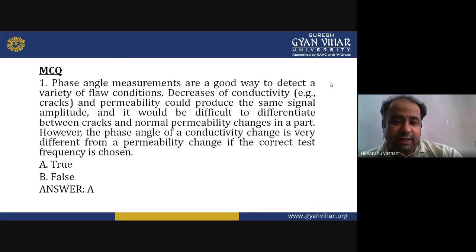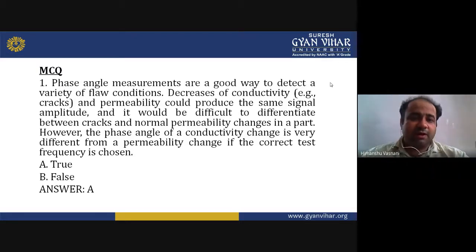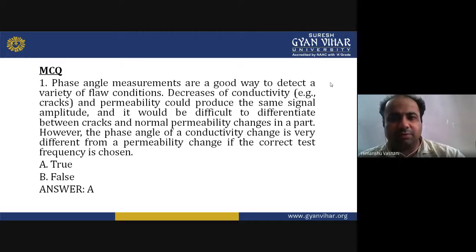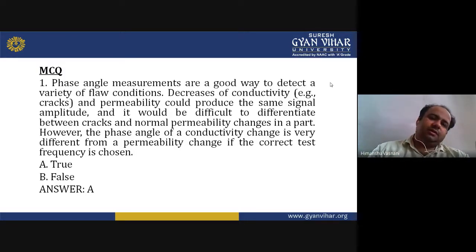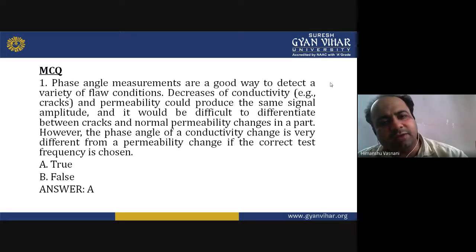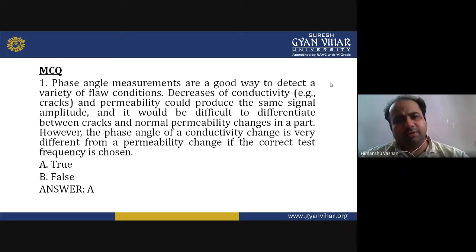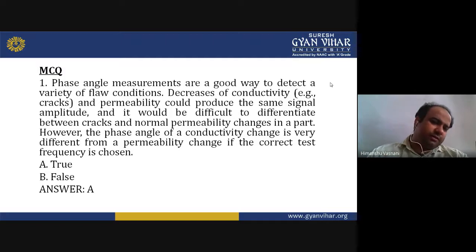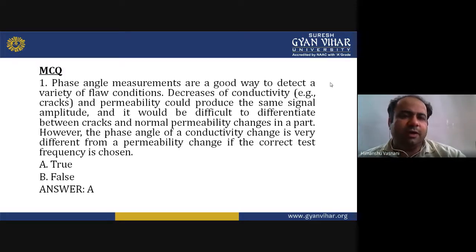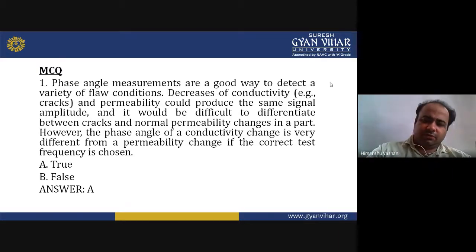However, the phase angle of a conductivity change is very different from a permeability change if the correct test frequency is chosen. So what do you think? Is it true or false? I think it's true, because it is a good way to detect a variety of flaw conditions. So the answer is true.